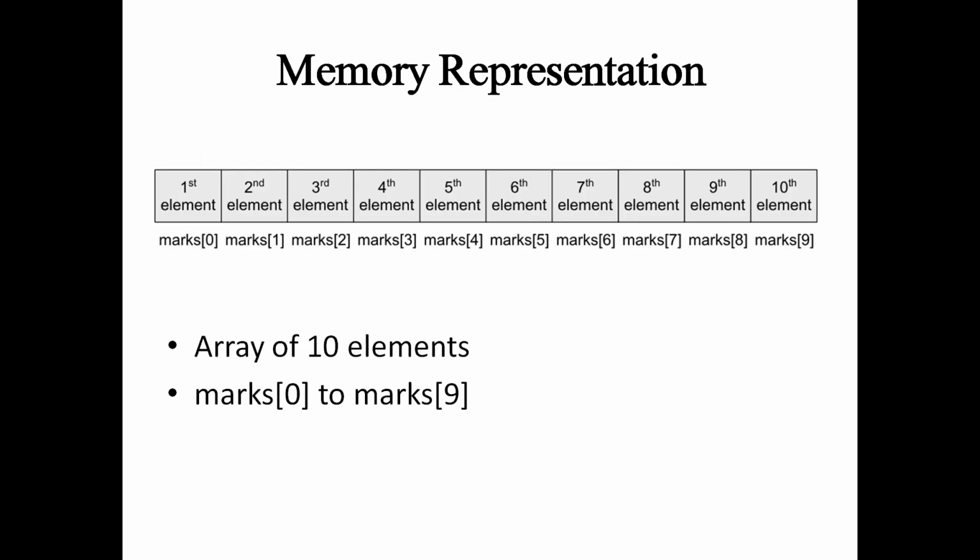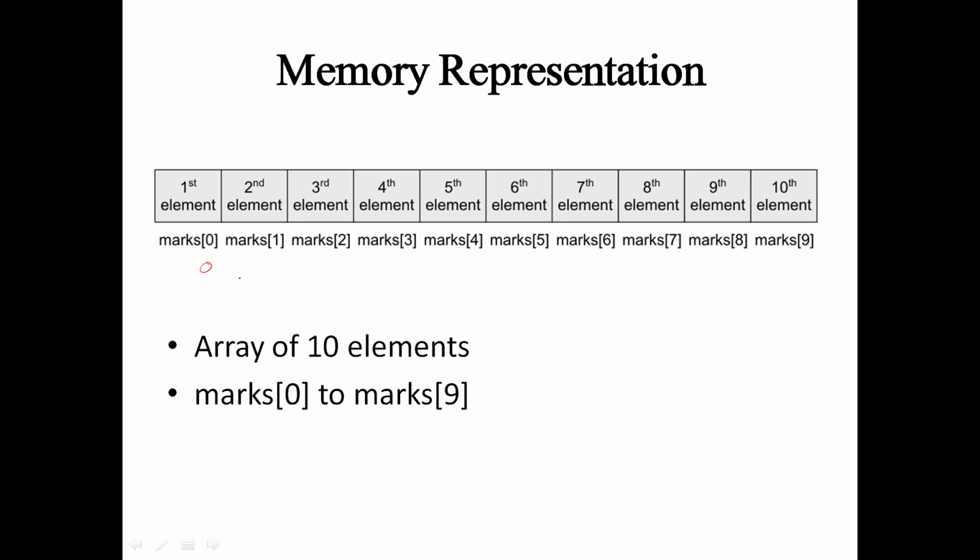If we see the memory representation, it is very important how the array elements are stored in memory. Array elements get stored into consecutive memory locations. We already have seen in the definition. Okay, and array indexing in C starts from 0, not 1.